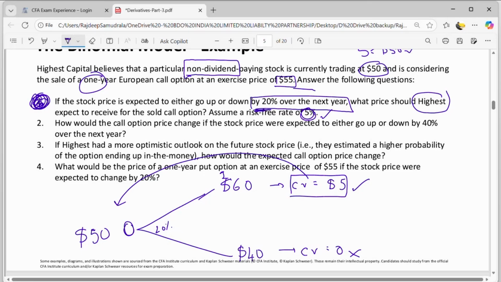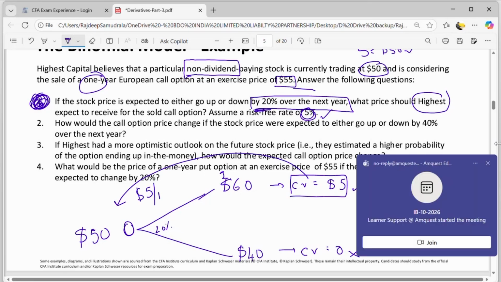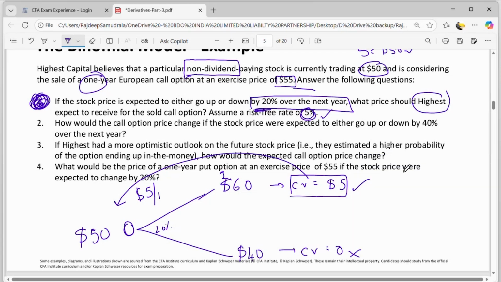So what you'll do, $5 would be discounted by 1 plus r raised to 1 year. So 1.05 raised to 1 is the discounting value.